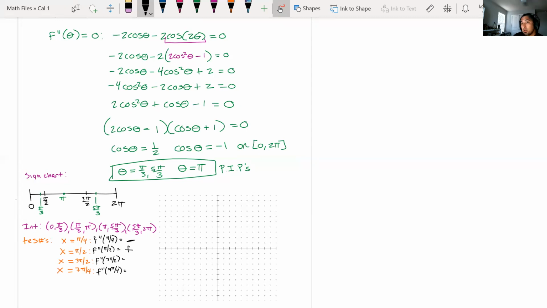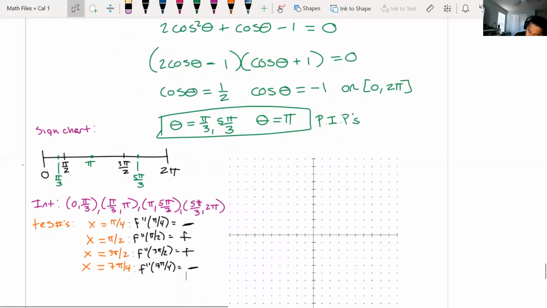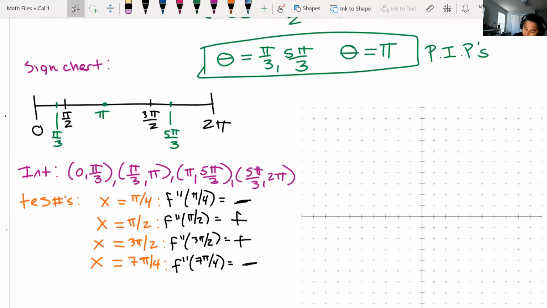You get 0 and you get positive 2. And then 7 pi over 4, that's going to be the same result as the first one, so that's going to be negative. Let me make those look more like plus signs.